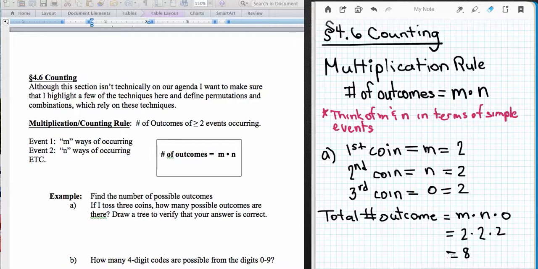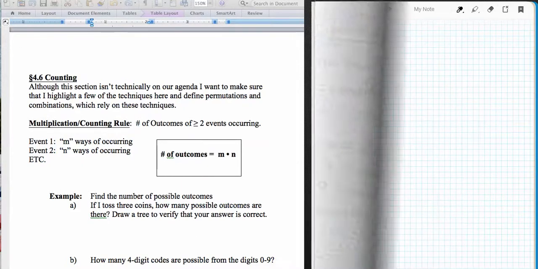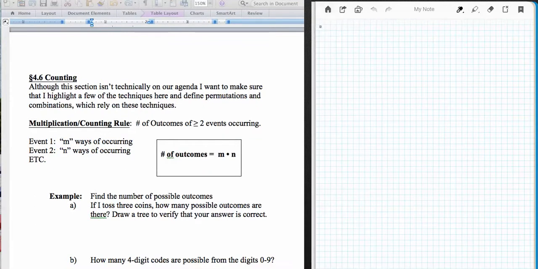And that was the way that I had found out that, oh yeah, we have to have 8 possible outcomes on this to make sure that I had all of the right possible outcomes. So it's good to know how to count these in a different way than just drawing a tree diagram.